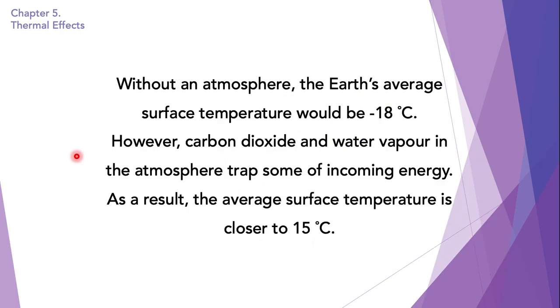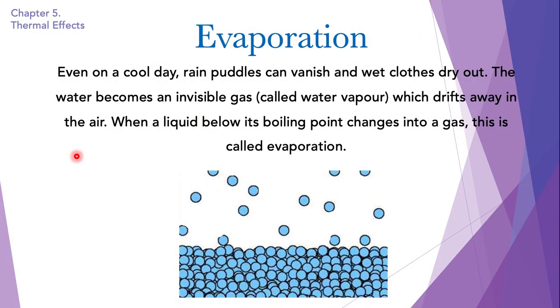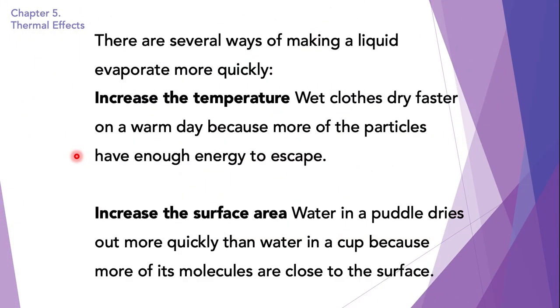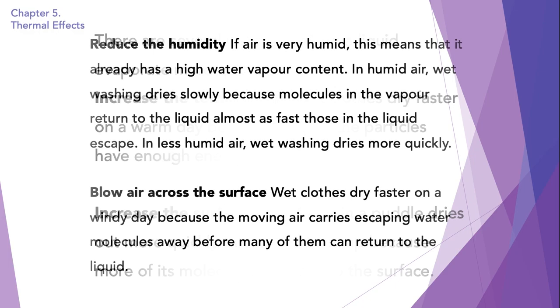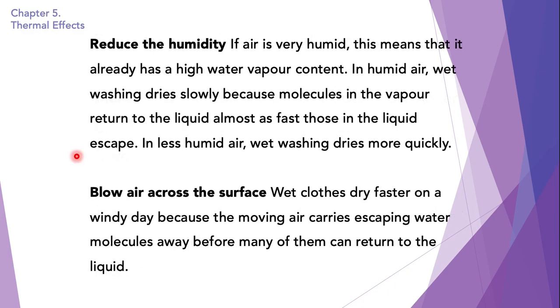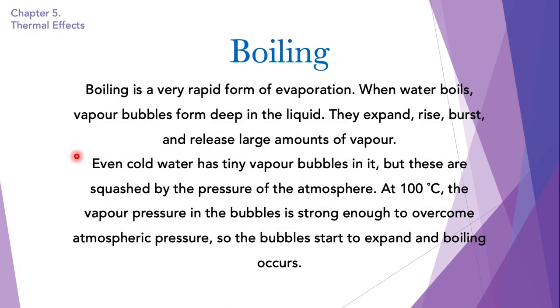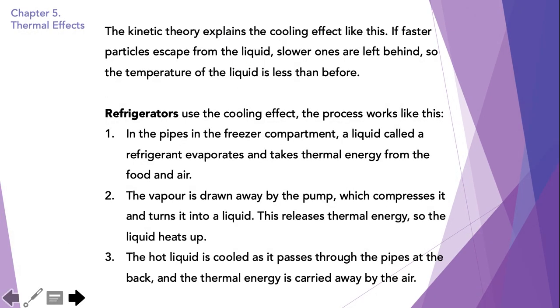And after this, we understood what evaporation was, and the several ways of making a liquid evaporate more quickly. And then we understood boiling. Then we understood the cooling effect of evaporation.